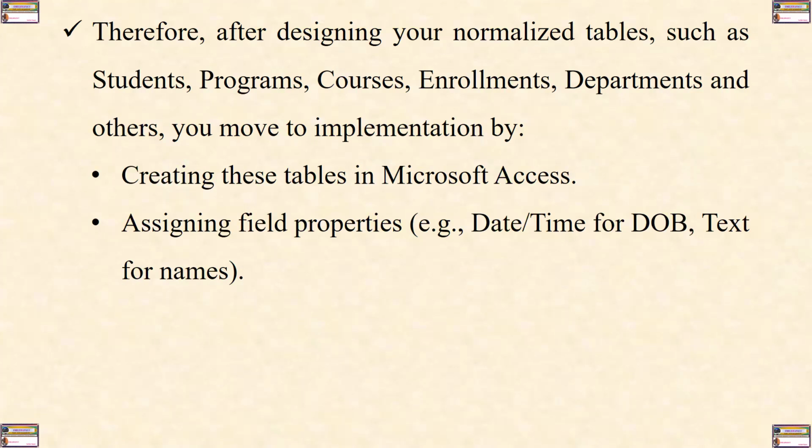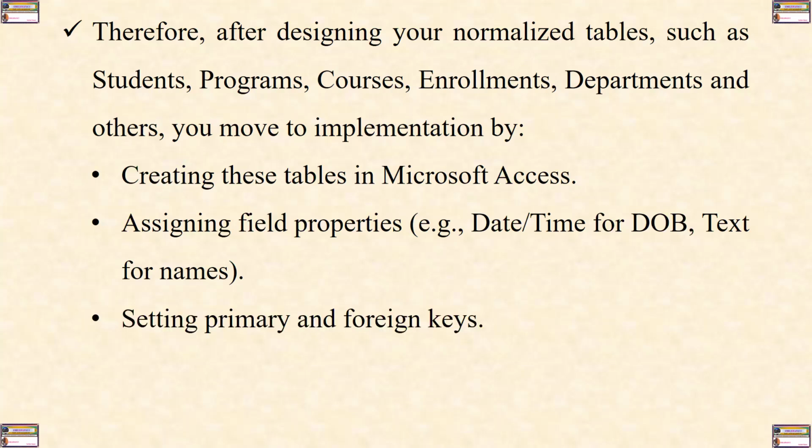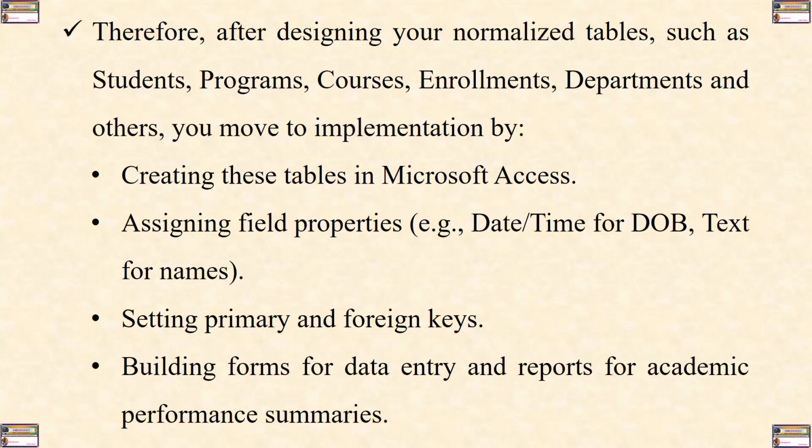For example, date and time for date of birth field, the text for names, etc. After that, you proceed and you set the primary and foreign keys for each table, and you build your forms for data entry and reports for academic performance summaries.